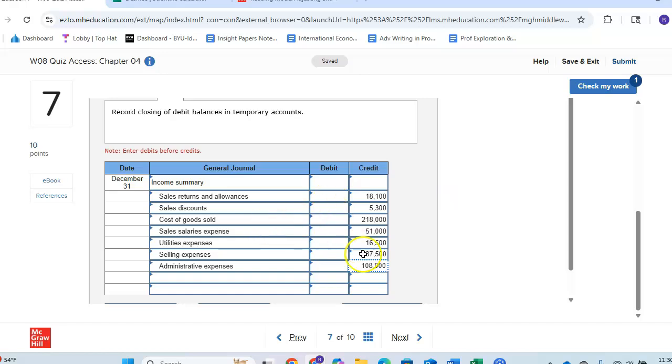So once I have all that, we need to add all these amounts together to see how much we need to debit the income summary amount. We're looking for what we're putting into that box right there.